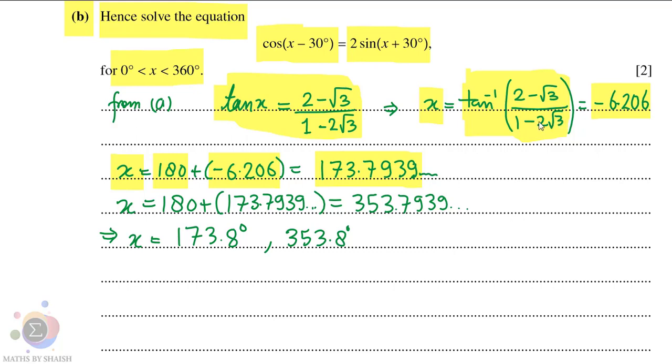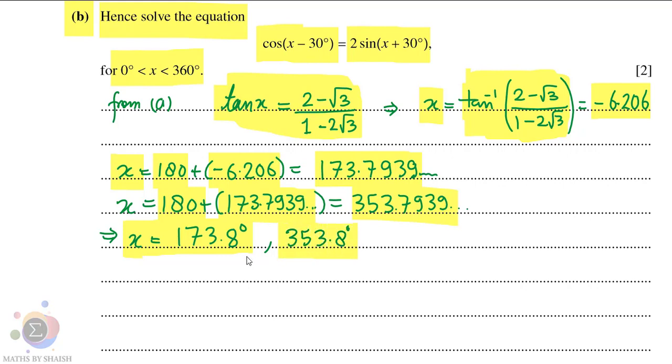This value is in the answer, it is the terminated one. So in the answer we have this whole exact value of tan inverse of 2 minus root 3 over 1 minus 2 root 3. We simply add 180 to that, so we got this, and then we add 180 to the next angle, we got this. And we can see these two angles are between 0 and 360. So to one decimal place we will get the solution as 173.8 degrees and 353.8 degrees.